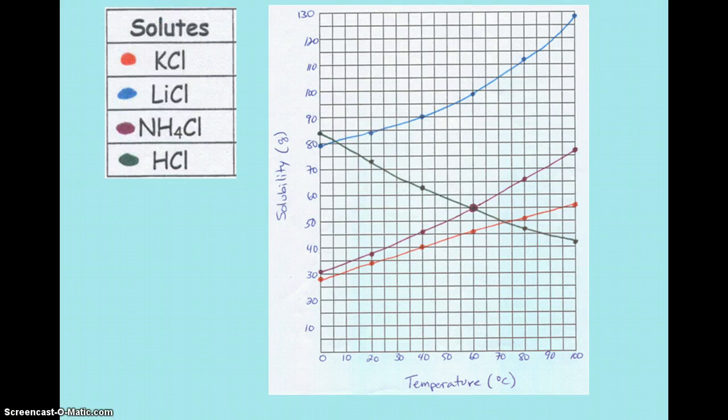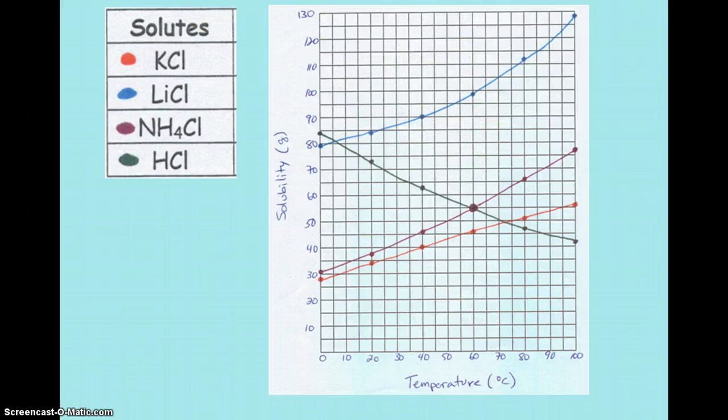Above the line represents supersaturated solution data, because if you have more than the maximum, that is a supersaturated solution. Any data below the line represents unsaturated solutions because you have less than the maximum amount. So again, the line represents saturated, data above it is supersaturated, data below it is unsaturated.